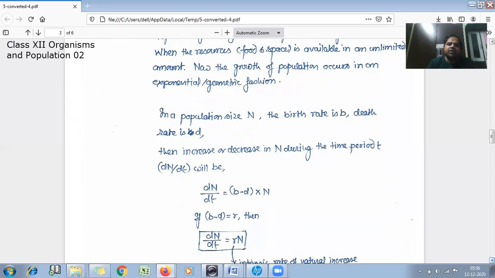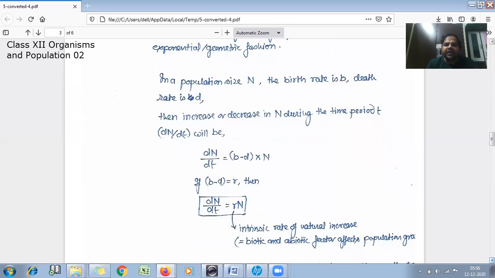Suppose B minus D is r, then dN by dt is equal to rN.